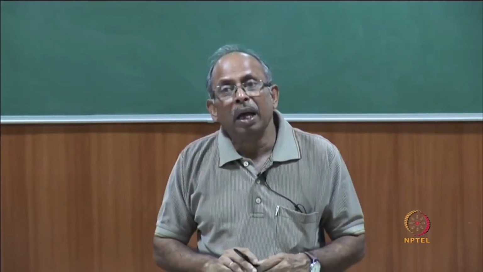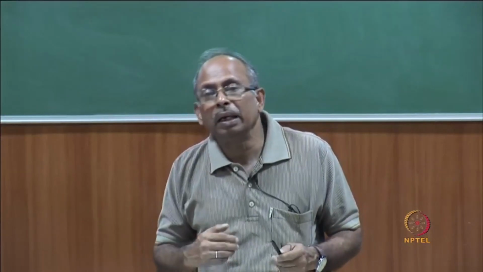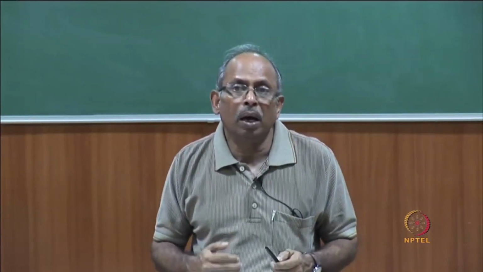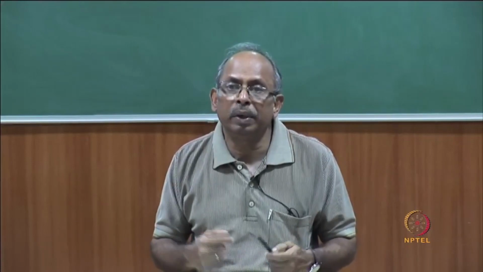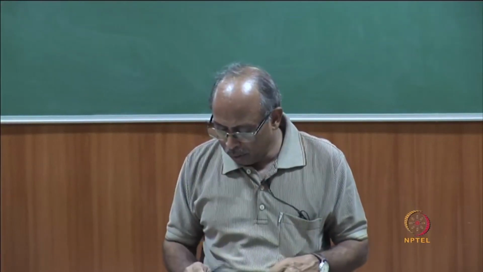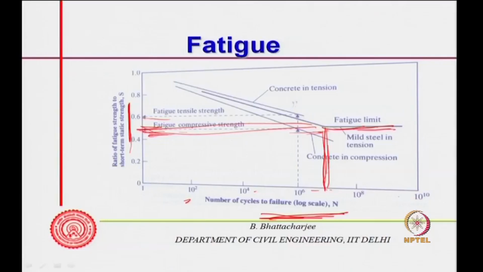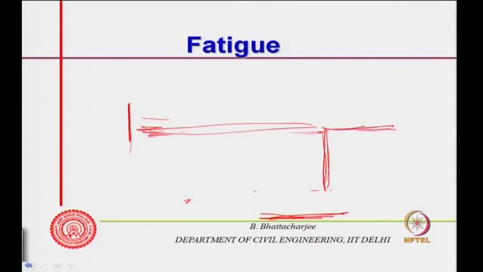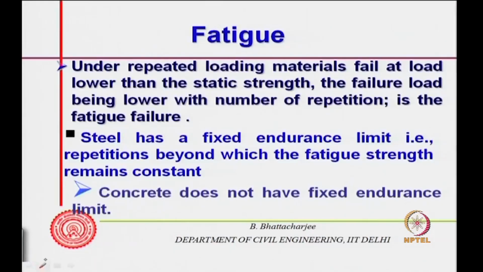So, that means if you apply less than 100 MPa and do stress reversal, actually it is not going to fail. Therefore, endurance limit is defined as a fixed limit, that is the repetition beyond which the fatigue strength remains constant. So, what is fatigue strength?